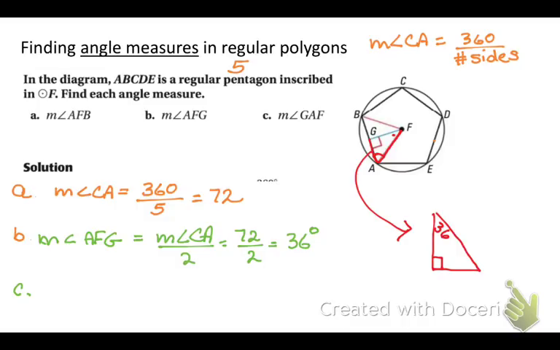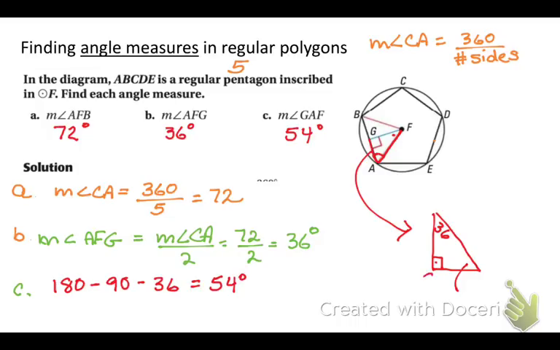We have a 90 degree angle here. Take 180 minus 90 minus 36, and it turns out the angle is equal to 54 degrees. So AFB was 72 degrees, AFG was 36 degrees, and GAF is 54 degrees. So GAF is equal to 54 degrees.